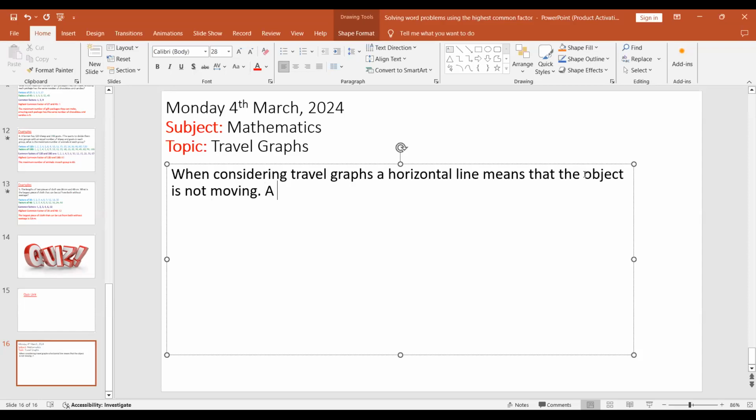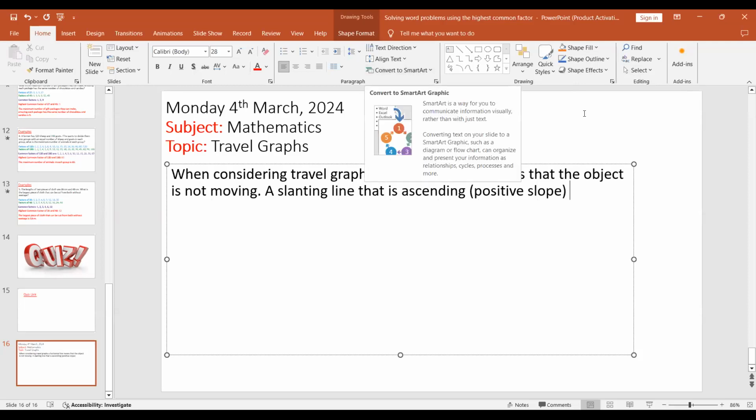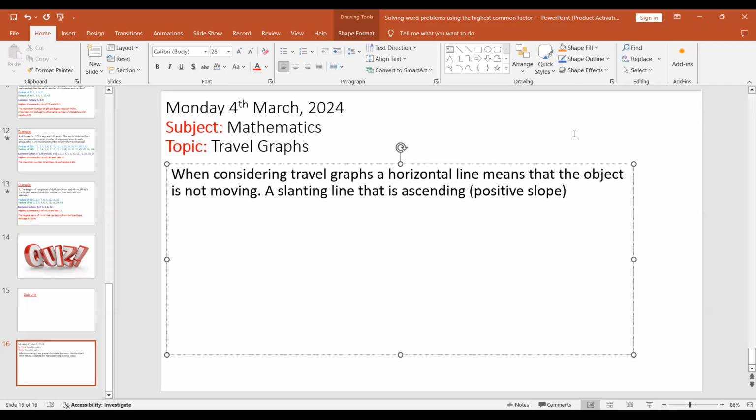A slanted line that is ascending means that, when you say ascending, we have a positive slope. A horizontal line is a line that goes from left to right.